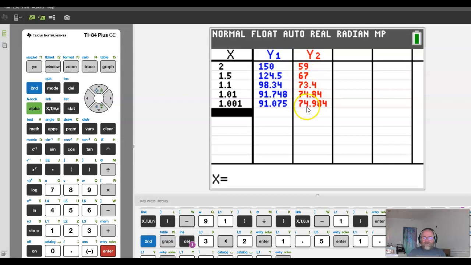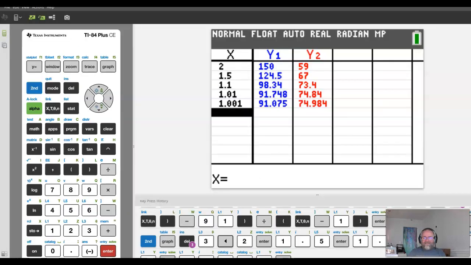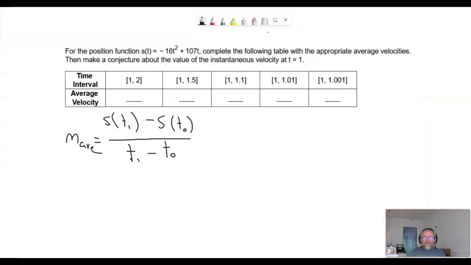It looks like it's getting very, very close to 75. So after putting all of these values in, my conjecture would be that the instantaneous velocity at t equals 1 is going to be 75.